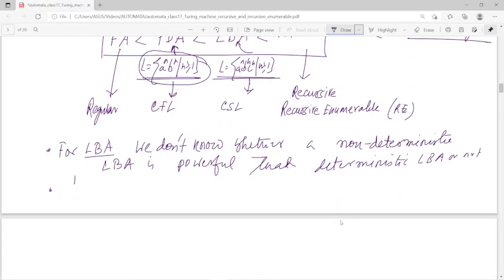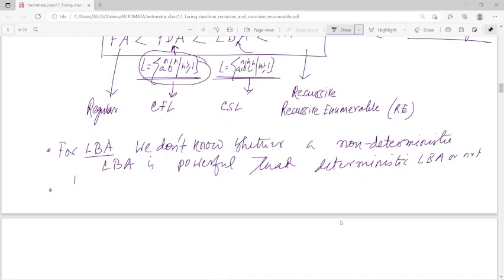Now what we can say is that there are some languages that are dependent on Turing machines. We call a language Turing recognizable if a Turing machine recognizes it.